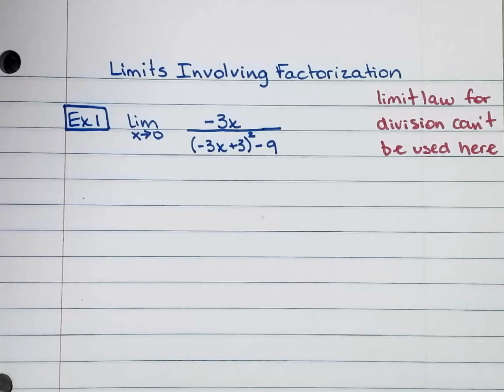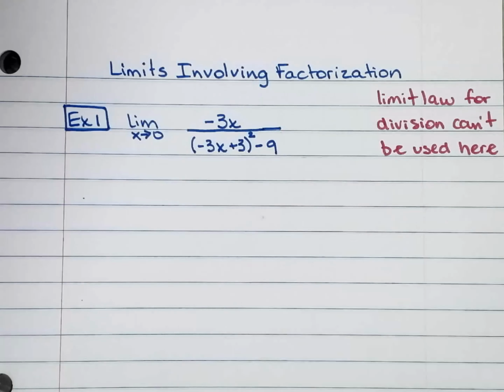Multiplying, we get 9x squared. Multiply these two, we get negative 9x. Multiply these two, I get negative 9x again. Multiply these two, I get 9. When you combine like terms, I have 9x squared minus 18x plus 9.